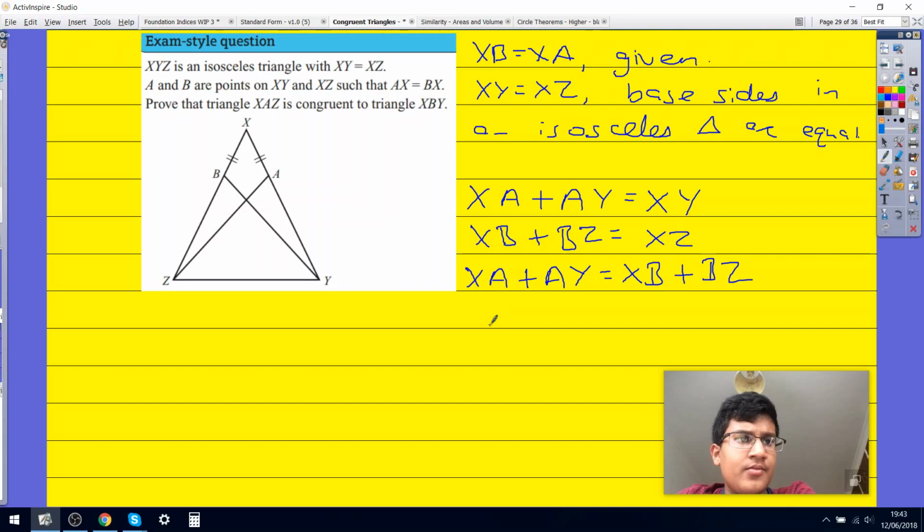So instead of writing XB, you could write XA. So then XA plus AY equals XA plus BZ. So then you can say AY equals BZ. And so AY equals BZ.